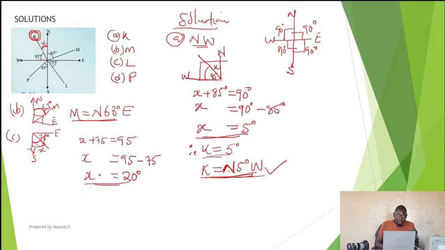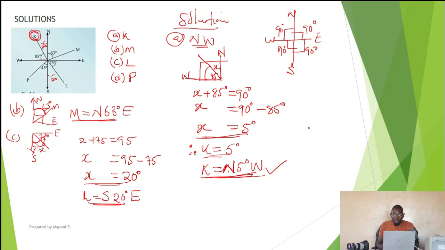Then this is the degree that you have found here, which is 20, but then writing it in the compass bearing, you have to write L is equal to the direction, it will be south 20 degrees east. You are done.